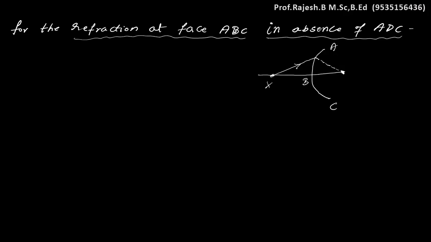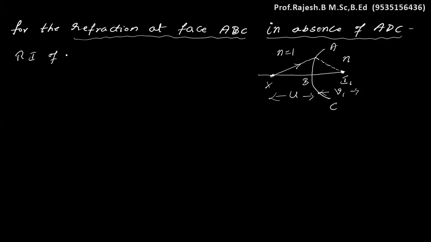Actually, this I1 we showed in the last diagram outside, but you have to imagine that it lies inside the lens. With respect to this, object distance is U and image distance is V1. The image lies inside, so the refractive index of the image space is n and of the object space is 1.